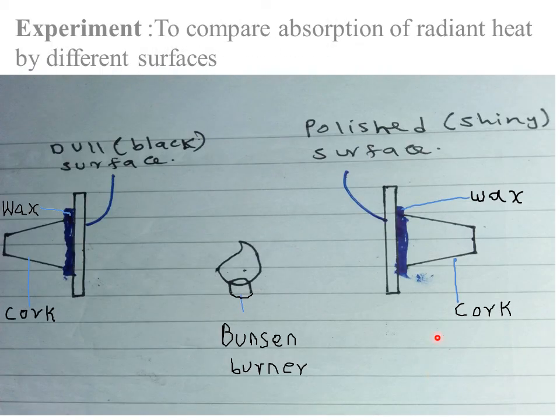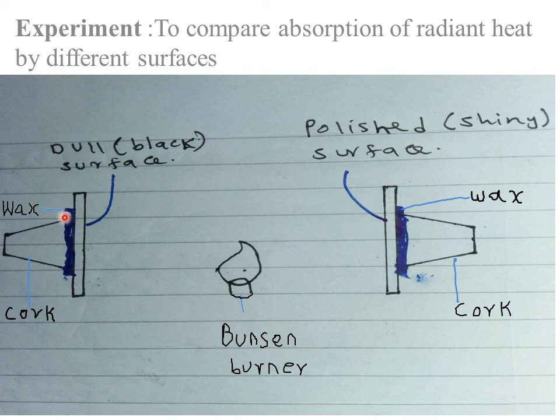Next, we look at an experiment which involves comparison, that is, to compare absorption of radiant heat by different surfaces. In this experiment, the apparatus required are a Bunsen burner or any other relevant source of heat. We also need two surfaces, one being the dull or black surface, and then a polished surface.